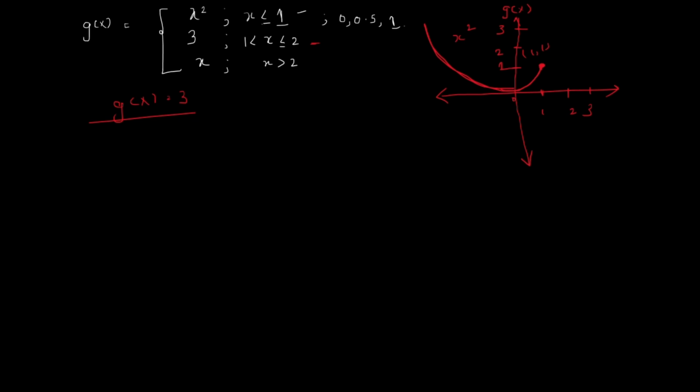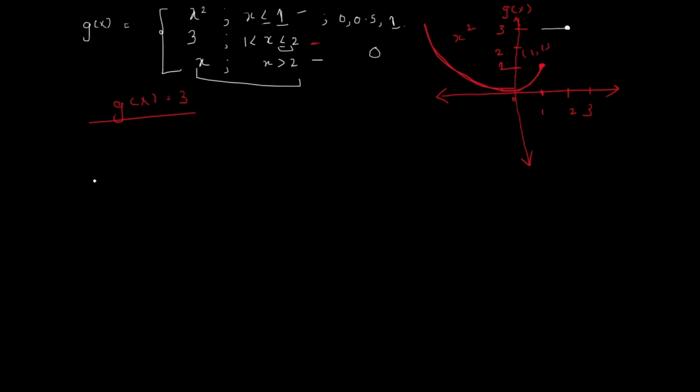We draw a straight line starting from 1 till 2. Notice we have an equality condition here, so we put a dot here. If there was no equality condition, we would have marked a circle instead of a dot at this point.